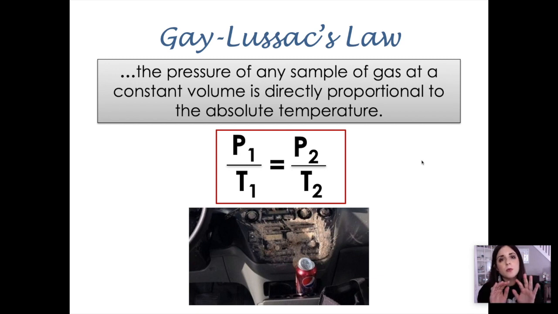So what is changing, however, as the temperature of the gas increases in the hot car, is the pressure that those gas particles, the carbon dioxide bubbles inside of the soda can, exert. They're going to increase pressure, but the volume of the can stays the same. So eventually, when the temperature is brought up enough, the can will explode because it can't withstand that pressure anymore.